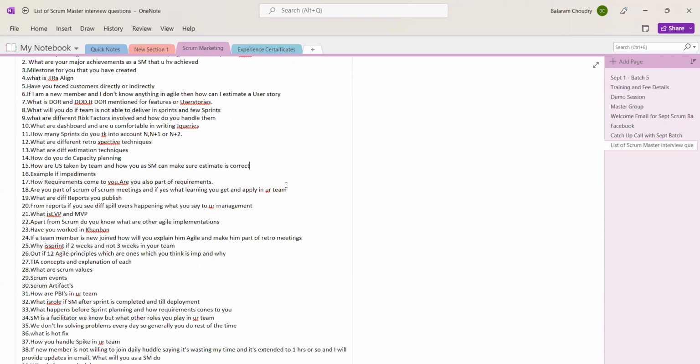You have to take into account the past data of similar stories, with similar complexity and volume of work, and compare how it was estimated with how the new story of similar nature is estimated. You will always reference back by looking at the past data.